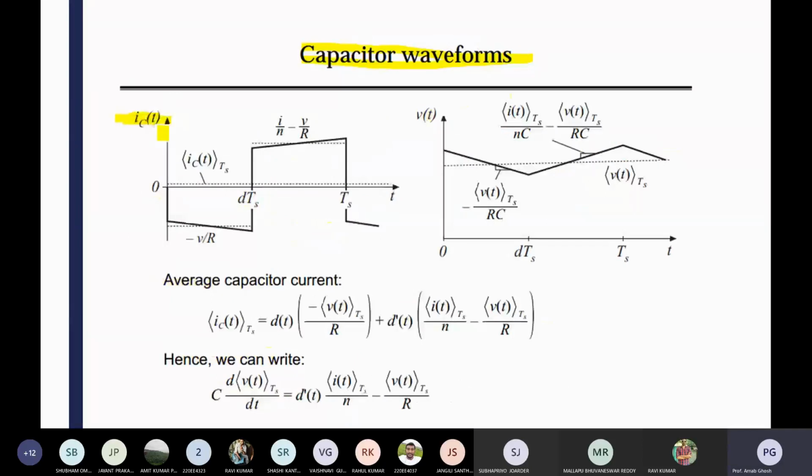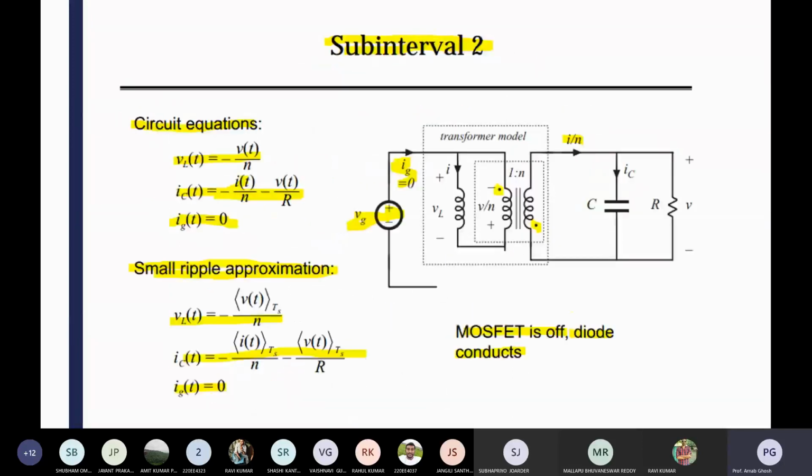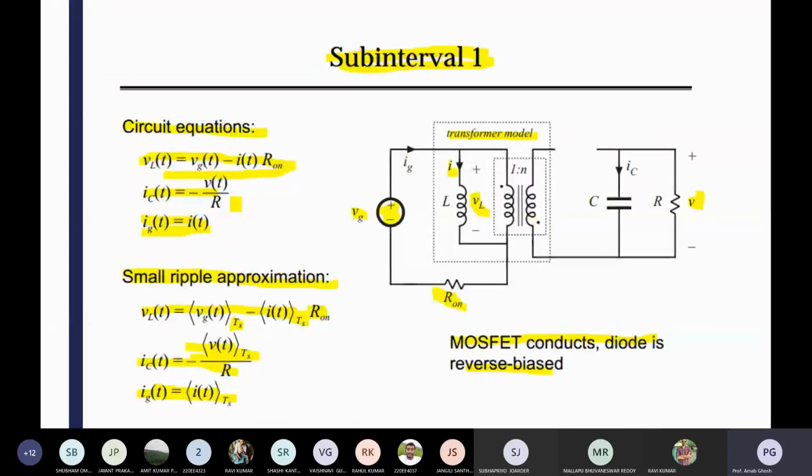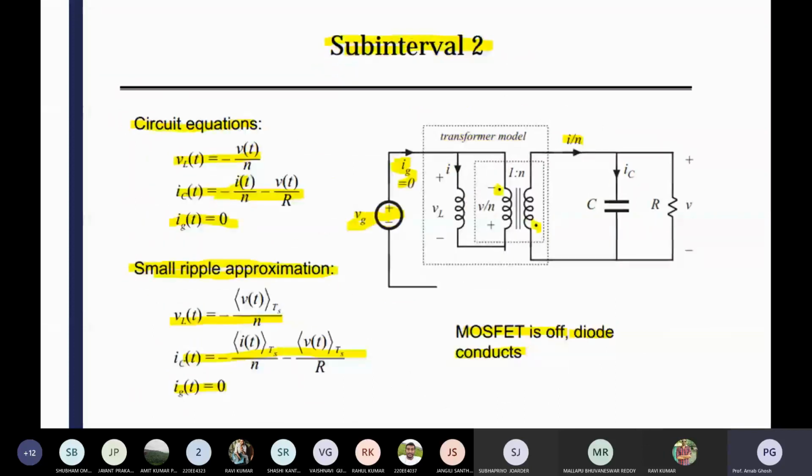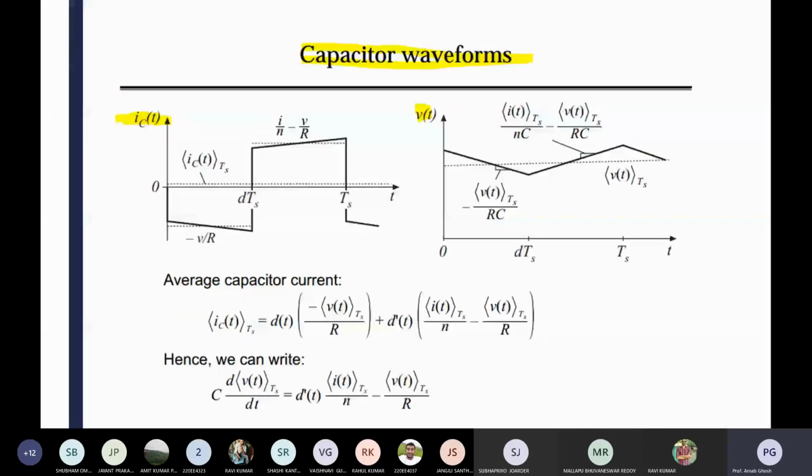Sorry, the capacitor voltage is your state variable, so you can go for the expression of your capacitor current first. You know that the capacitor current expression for sub interval 1 is minus Vt by R, so it is coming from the negative side.